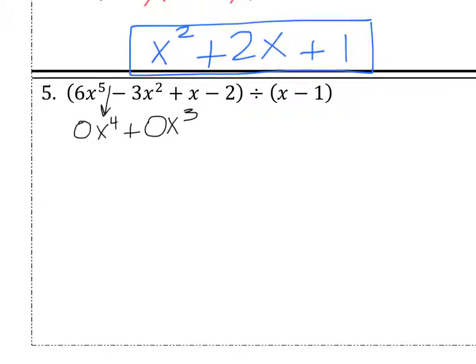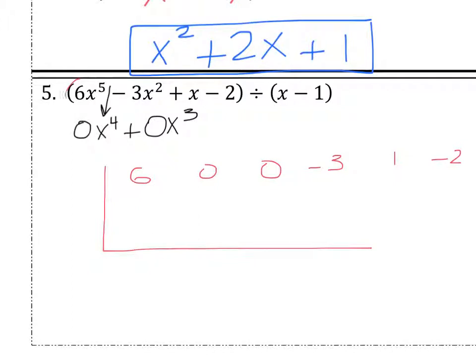Now let's check. Power 2, power 1, constant, so we're good. So the coefficients in order are going to be 6, then a 0, then a 0, then negative 3, then 1, then negative 2. You always take the opposite of that, because if you set it equal to 0, x would be 1.